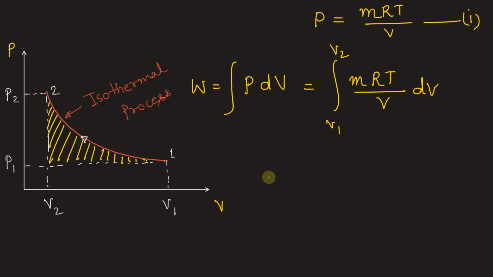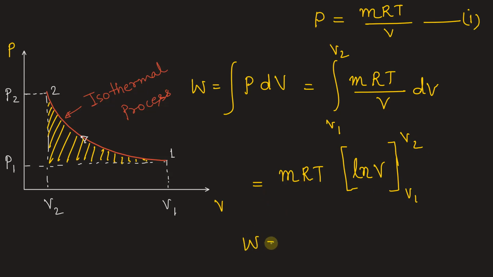So if we integrate this, mRT and the integral of dV by V will be ln V, from limit V1 to V2. Okay, so the work done will be equal to mRT ln V2 by V1.